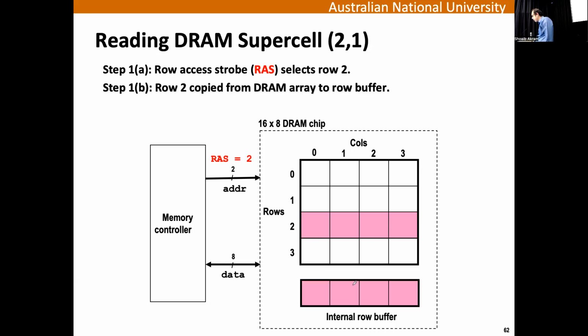in something called a row buffer. And this row buffer is actually SRAM. So even inside the DRAM chip, we are trying to exploit locality once again. We have all these supercells in this row number 2, and we read all of them in the row buffer.